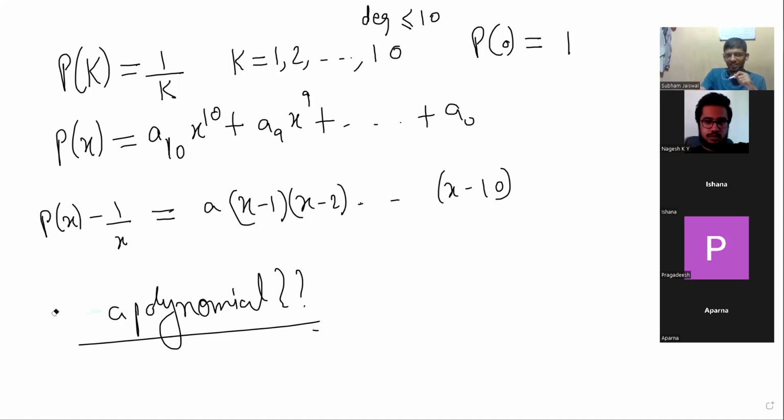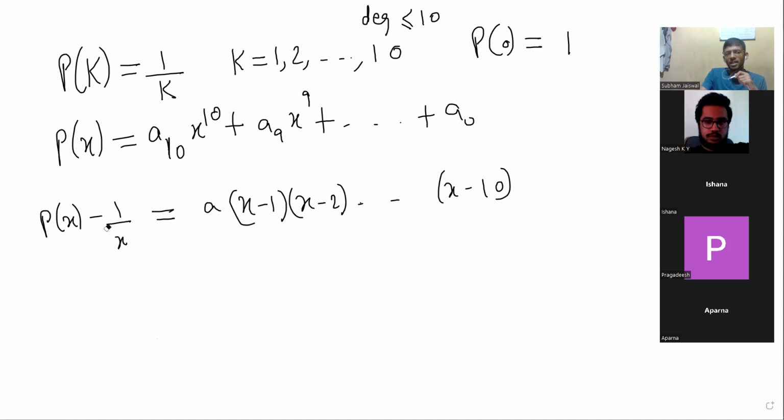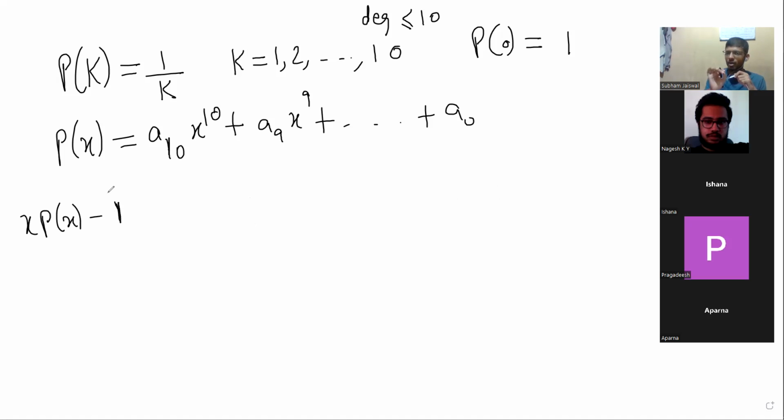X P of x minus 1, you can consider, right? That's the thing. You have to make a polynomial out of the question. Otherwise, you cannot say these. X P of x minus 1, yes, it's a polynomial. P of x is a polynomial, x times P of x is a polynomial, subtract 1, it's a polynomial. Now we can go forward and try this, and then it's a good old business.